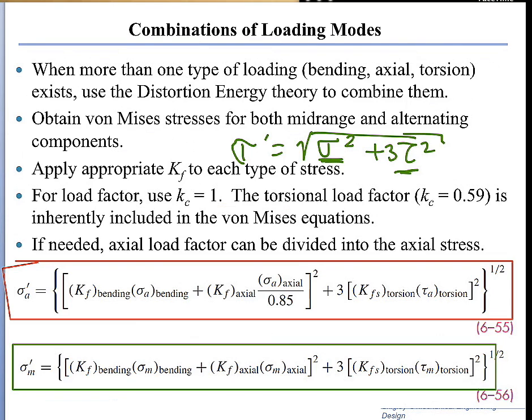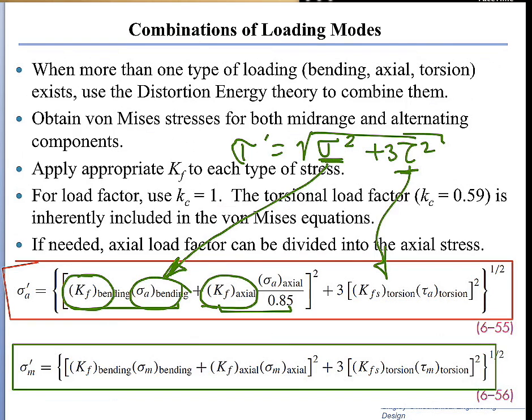So the bending or axial stress is going to be translated, as you can see here, and the shear stress is going to be translated, as you can see here. For the bending or axial stress, we can combine the bending and the axial. The bending term is the stress concentration factor for bending times the actual bending stress, plus the stress concentration factor for axial times the axial applied stress divided by the load factor.